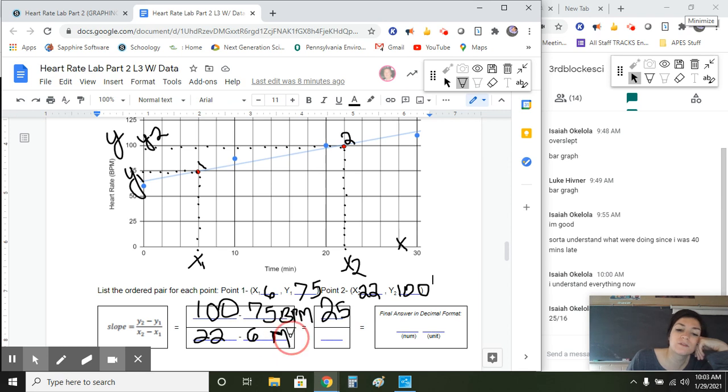And you might be saying, Miss Middleton, how do you know what the units are for this? Well, I look at my y's, so this is y2 minus y1. Over here, there's my beats per minute. And then your x2 minus x1, I look down at my x and I say, oh, there's minutes. So Isaiah already mathed it out. Yes. Well, first I'm going to calculate this.